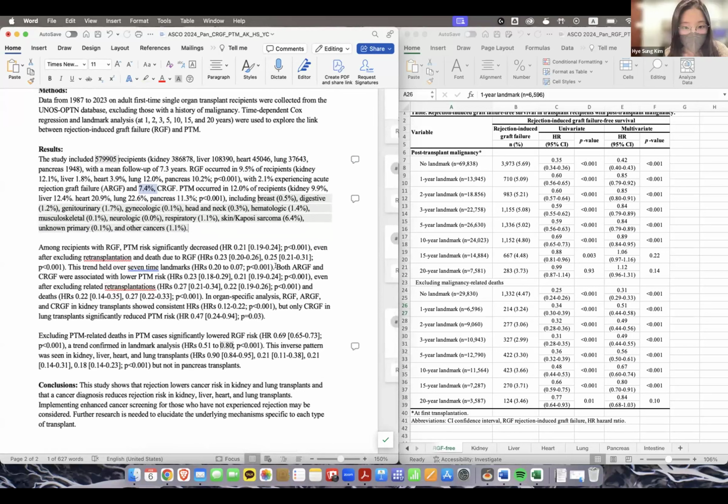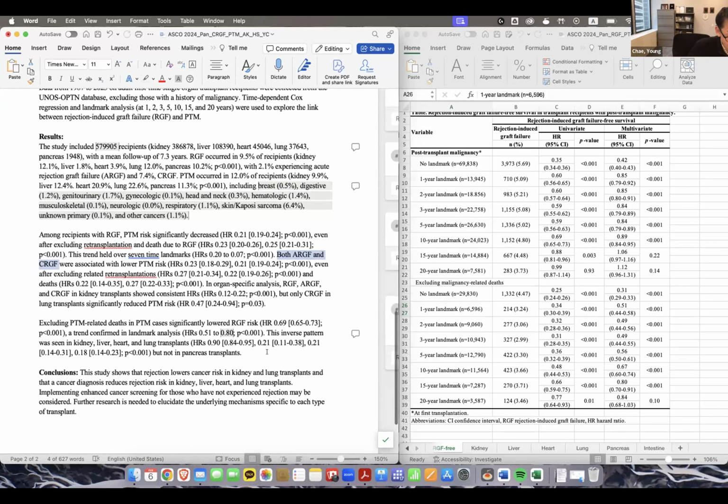Yeah, both, even after excluding related retransplant. In the organ-specific analysis, combined AR in kidney transplant showed consistently low risk, but only CTRF in lung transplant was significant. Okay, I think that's very good and very succinct. Good job. This is a lot of data, but I think you presented it really well here.